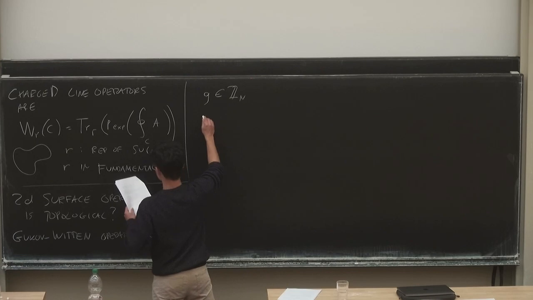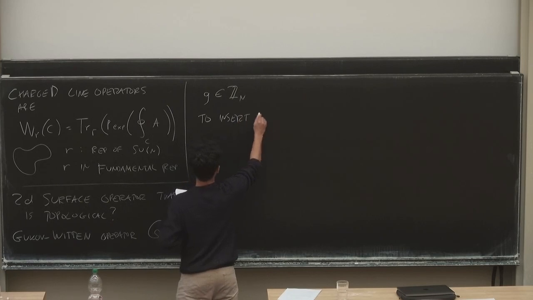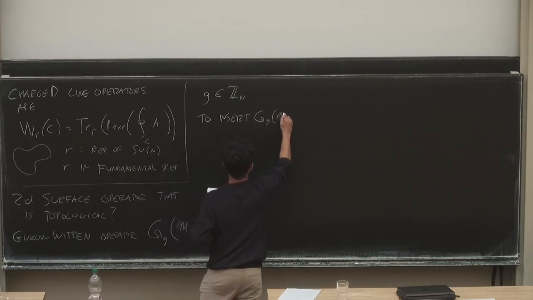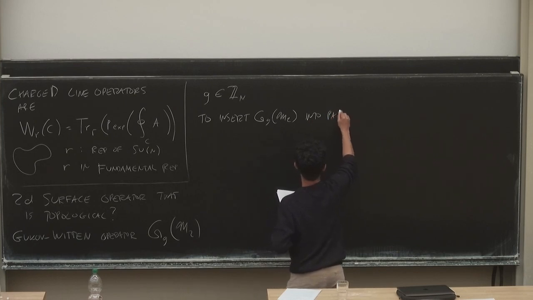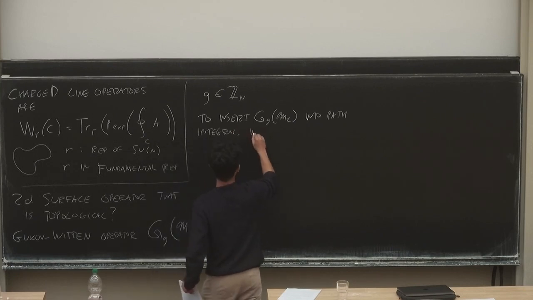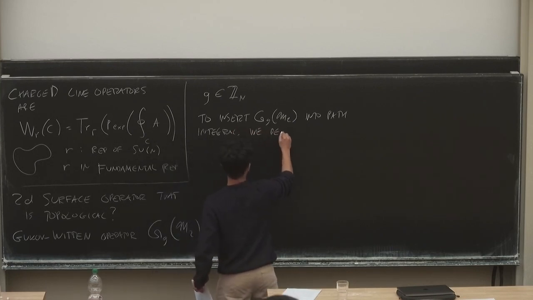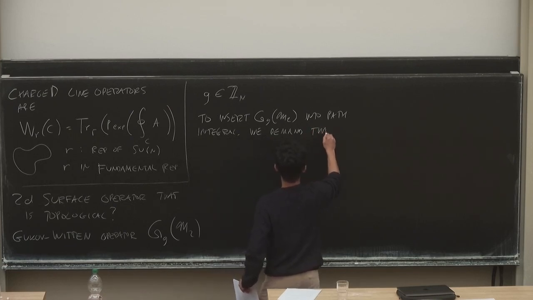Okay? So first, in the continuum, the way we define this Gukov-Witten surface operator is the following. In the continuum, to insert G sub G, to insert the Gukov-Witten operator into the path integral, we demand, so this is defined on some surface M2, right?